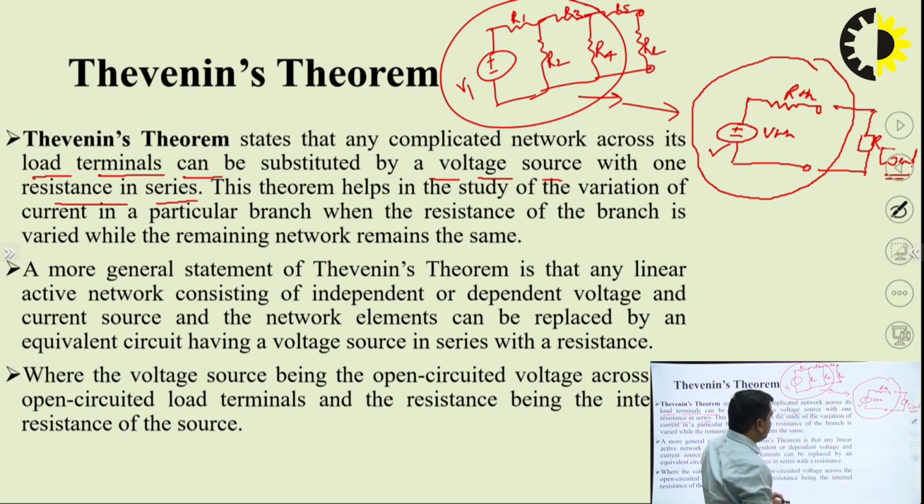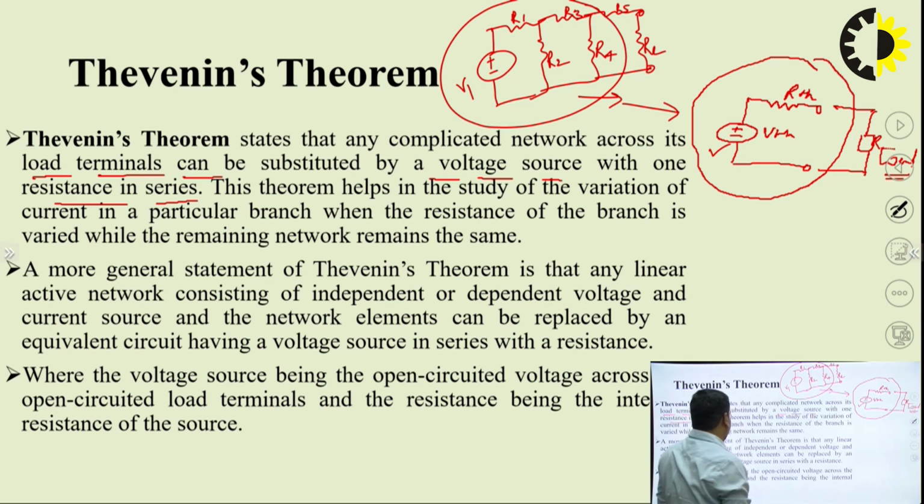This theorem can be used if we have the same source and we are changing the load resistance. Then if we find the Thevenin equivalent circuit, it's easy to change the load and calculate the current and the voltage across that variable load.